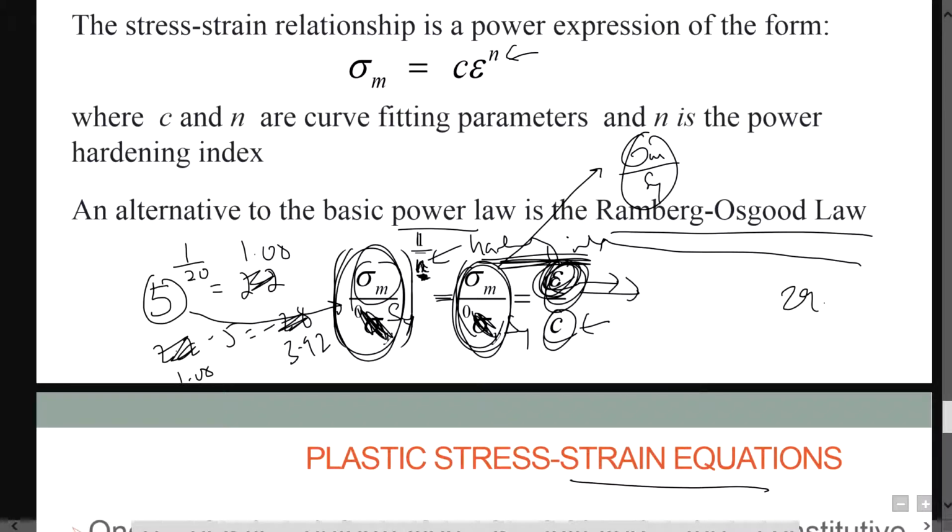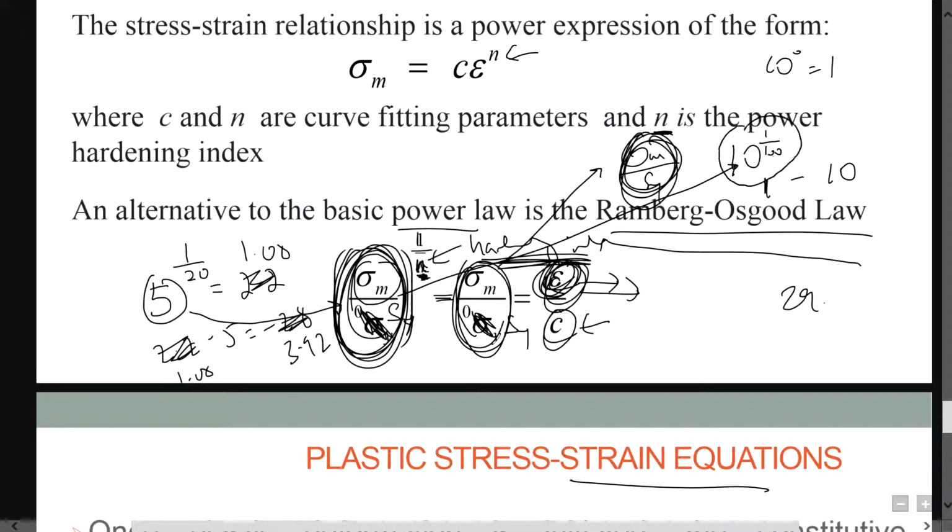Because if this is maybe 10 in this case, and your hardening n is pretty big, so 10 to the power of 1 over maybe 100, in the end you have 1, because 10 to the power 0 is equal to 1, and 1 minus 10, following the equation, is minus 9. Then you have some constant C, which is given also. So at the end of the day, you may have a huge number over here as a strain. So these are the things that you may need to know for the Ramberg-Osgood law.